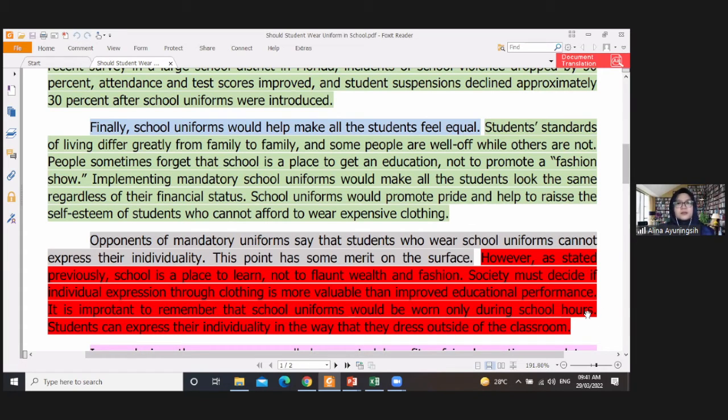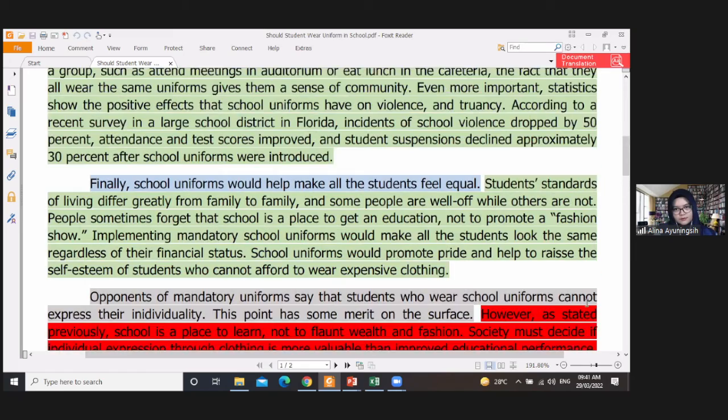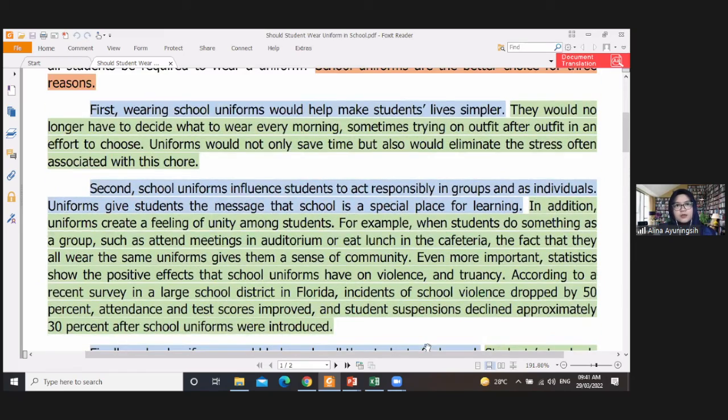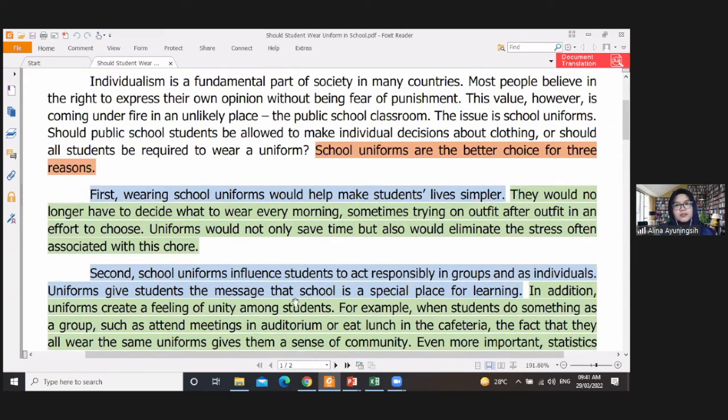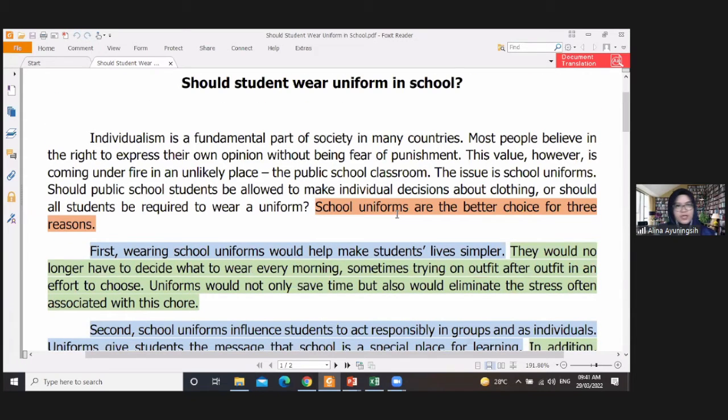That is refutation. Oh yeah, one thing: actually inside this argumentative essay, we cannot see the reason. Kalau di argumentative essay yang ini, kita nggak lihat reason kenapa si author menulis.